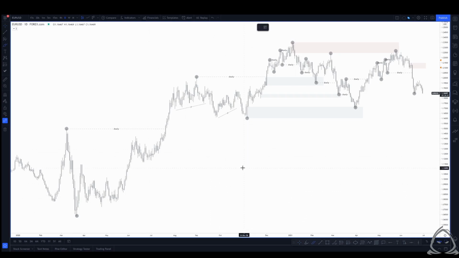One thing I wanted to add before we get into this too much is that although in the previous video we discussed supply and demand and the application to it, having demand being respected and supply failing for uptrends and supply being respected and demand failing for downtrends, one thing that should also be stressed and mentioned is that the supply and demand zones may not necessarily appear or be as present on one particular time frame, and this is where the fractal nature of the markets really do come into play.